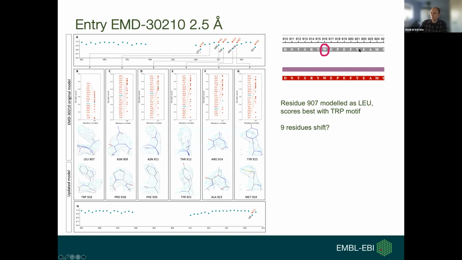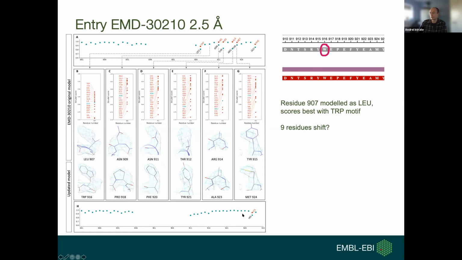And it again makes sense. So using the Strudel program, we could easily spot that here it's a register shift of 9 residues. And later on, an update was published for this entry. And it was consistent with what we've seen here.